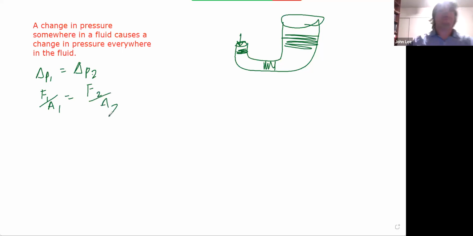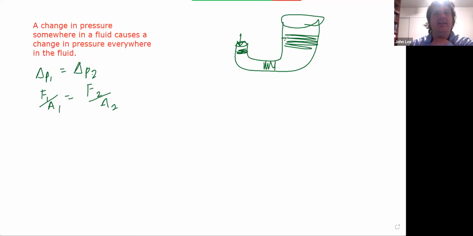So you can have a little bit of force pressing down in an area with a small cross-sectional area, and that's going to cause a change in pressure all the way through.